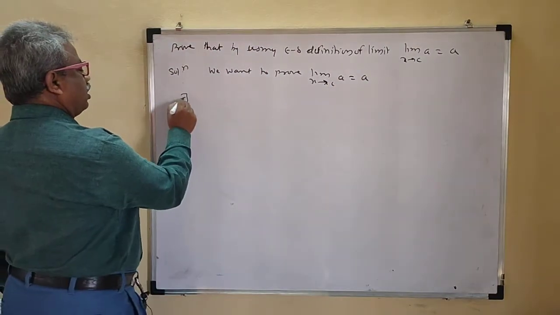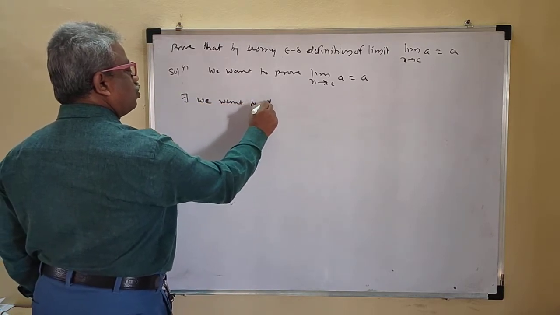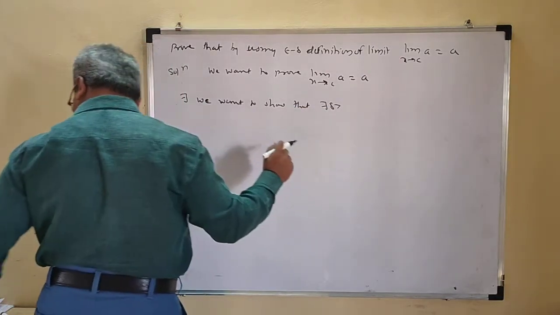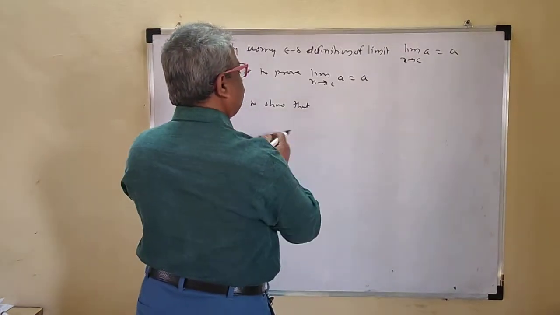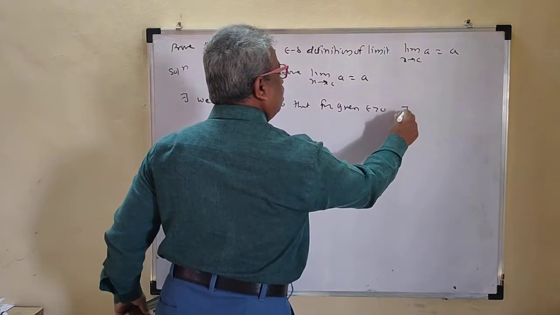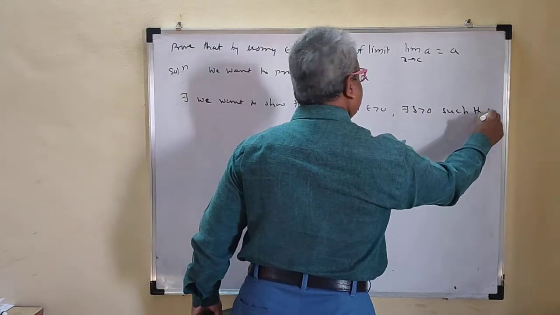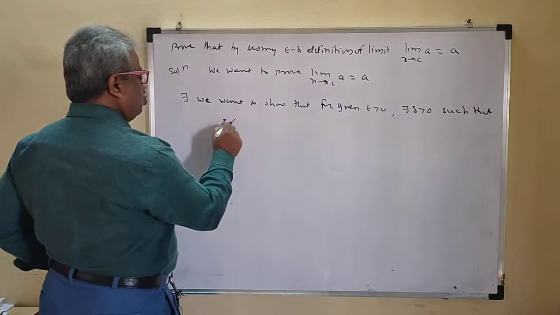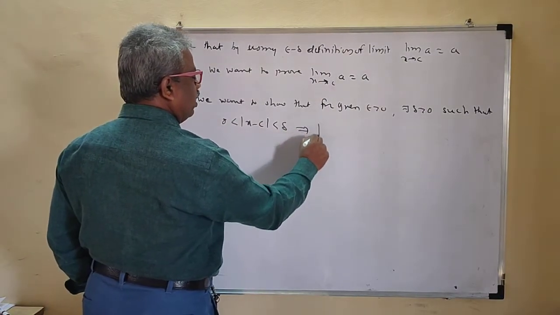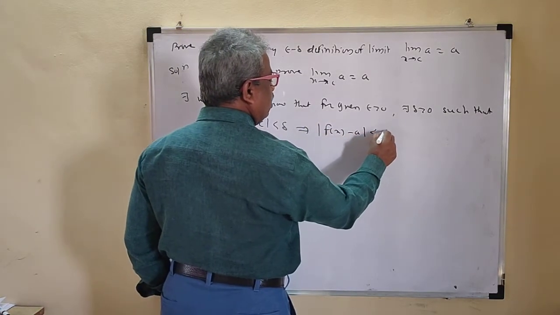That is, we want to show that for given epsilon greater than 0, there exists delta greater than 0 such that 0 less than mod of x minus c less than delta implies that mod of f(x) minus a is less than epsilon.